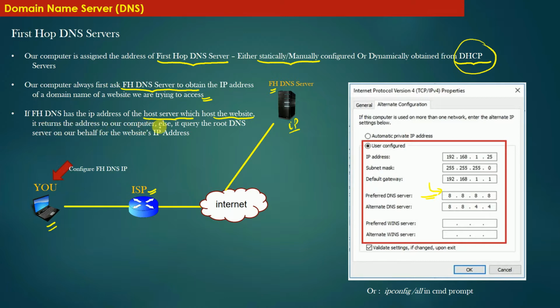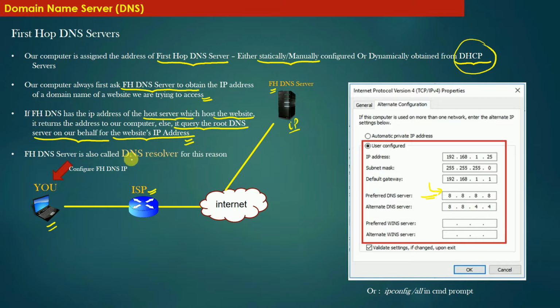Else, if our first hop DNS server does not have the IP address of the host server which hosts the requested website, then the first hop DNS server queries the root DNS server on our behalf to obtain the IP address of the requested website. We will discuss this functionality of the first hop DNS server more elaborately in the next slide.